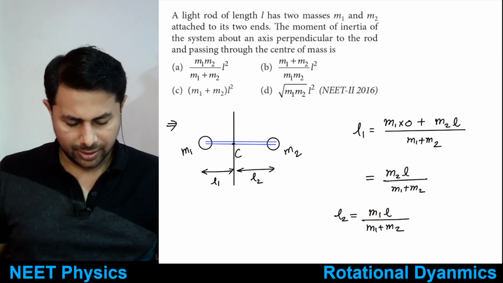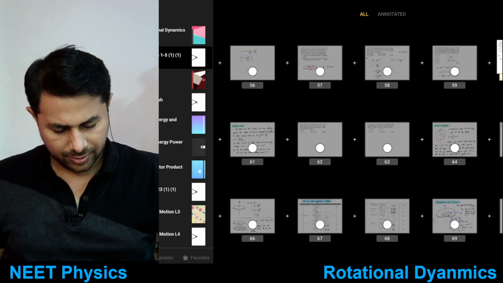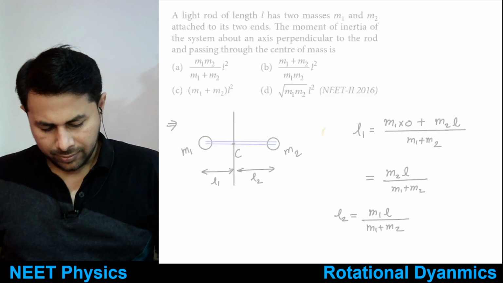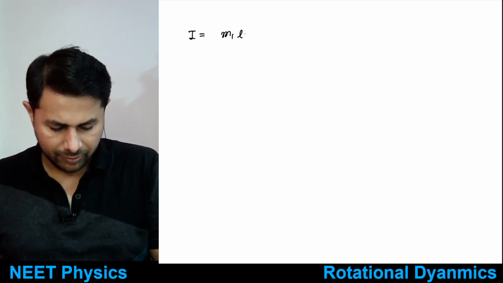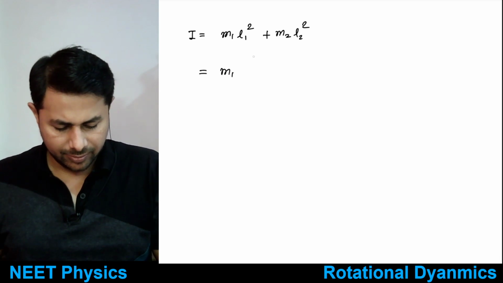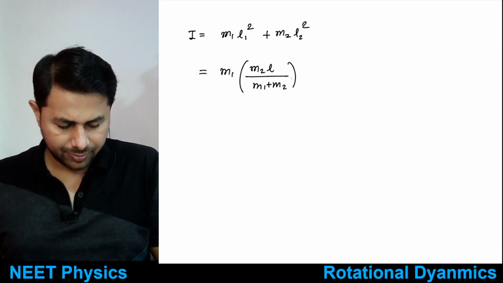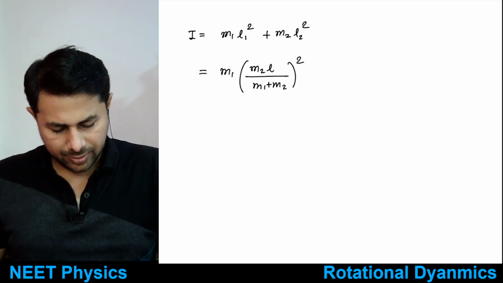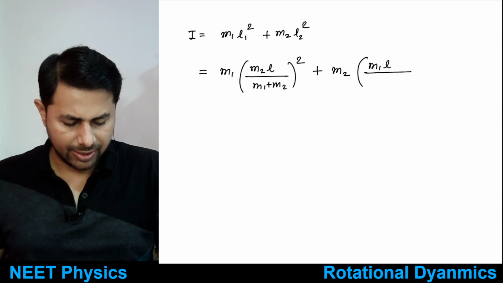Then what would be the moment of inertia of the system? The moment of inertia is m1 L1 square plus m2 L2 square, and that is equal to m1 multiplied by L1, which is m2 times L divided by m1 plus m2, squared, plus m2 multiplied by L2, which is m1 times L divided by m1 plus m2, squared.